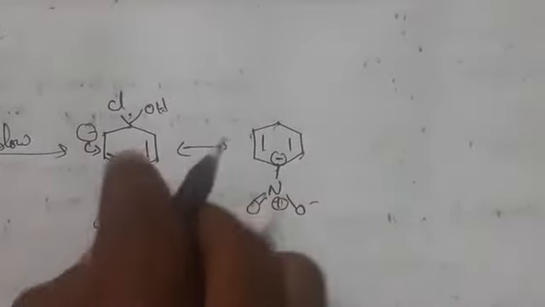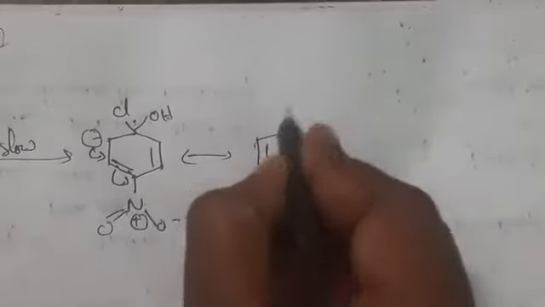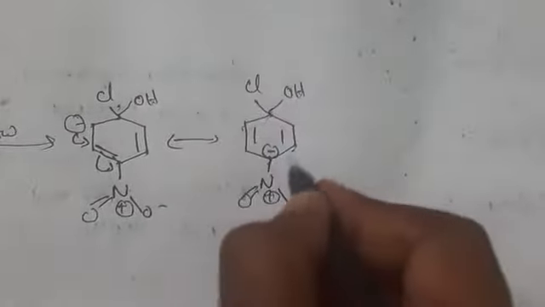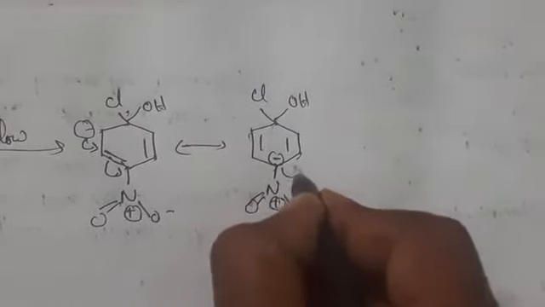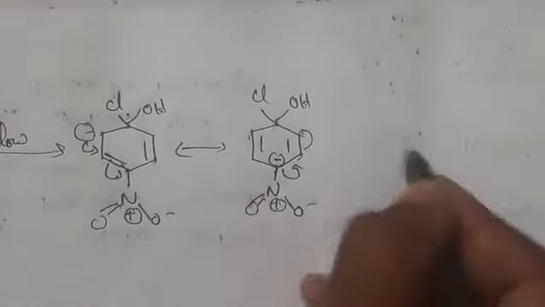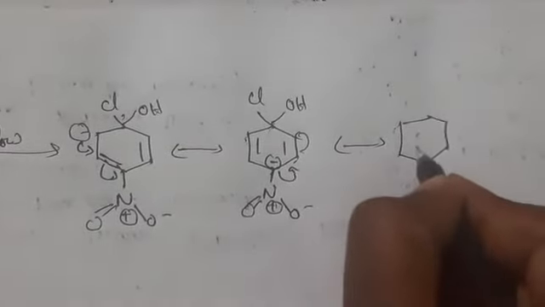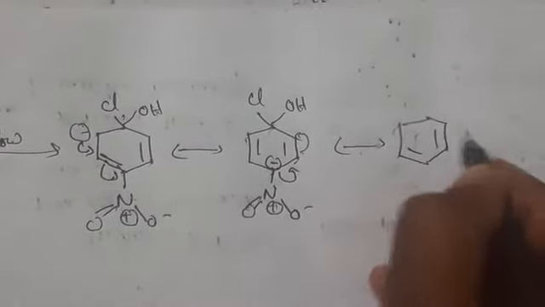Why? Because we are turning, this minus will get bond, here minus charge you are getting, so it is forming Cl OH. So again what happens, this minus will be forming here, this bond will turn like this, so again it is getting a bond.